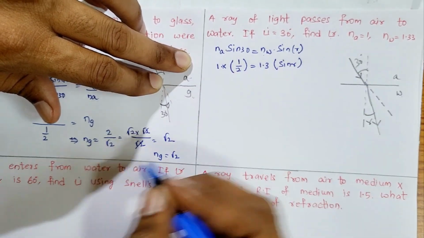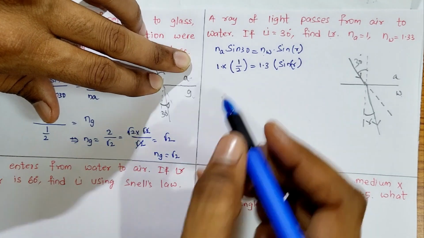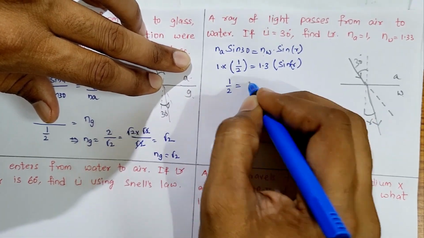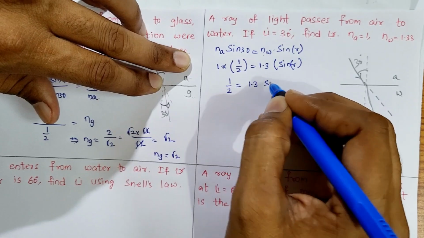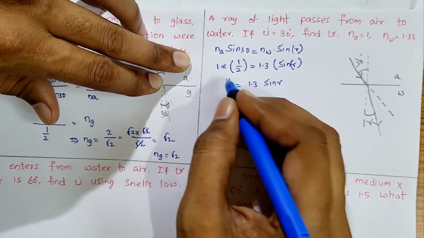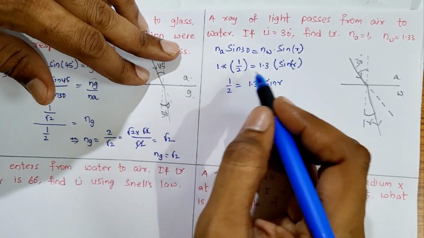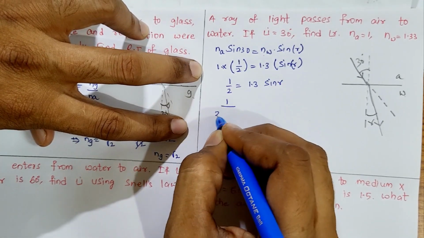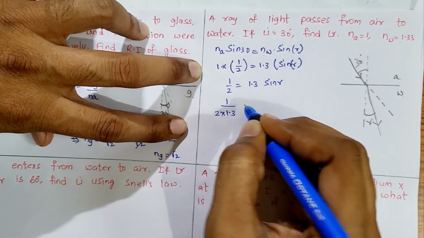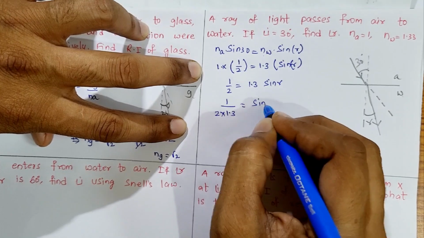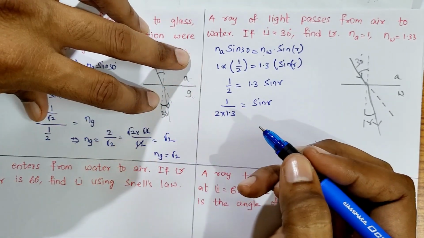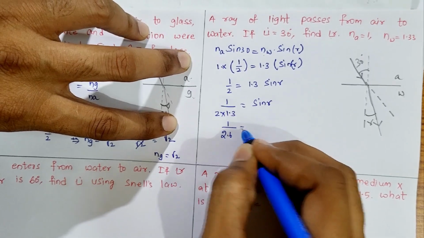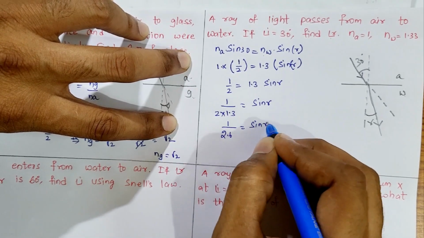Sin r. Okay? Now 1 into 1 by 2 will be 1 by 2, equal to 1.3 into sin r. 1.3 goes to this side, so it becomes 1 by 2 into 1.3 is equal to sin r. 1 by 2 into 1.3 will be 1 by 2.6, equal to sin r.